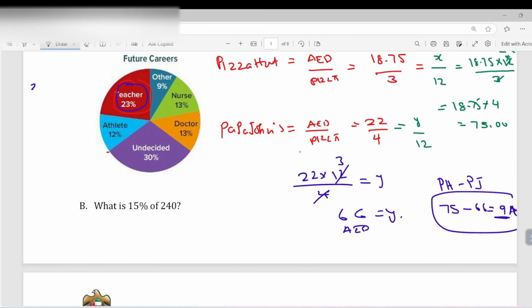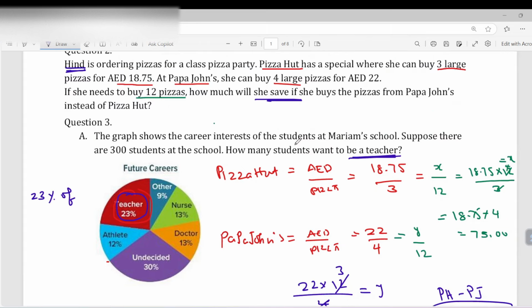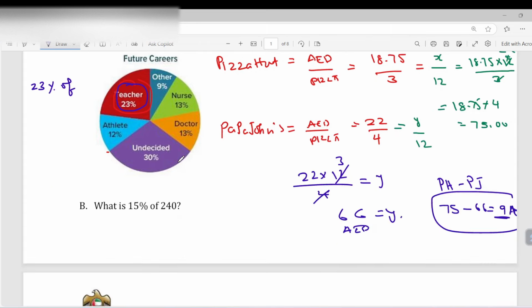So here, 23% of how many students total? Total in Mariam school is 300 students. You see, 23% means 23 by 100. Of means multiplication, 300.